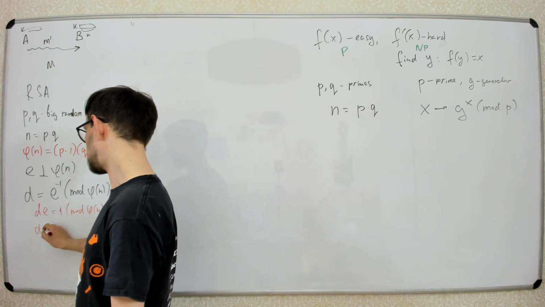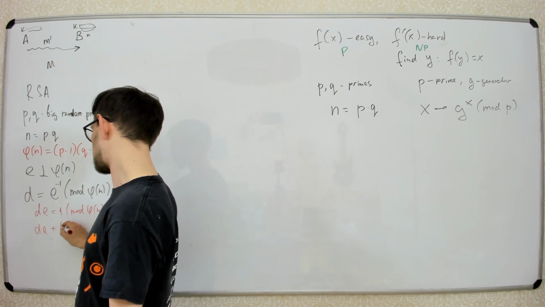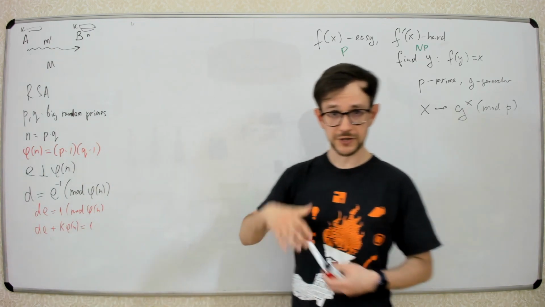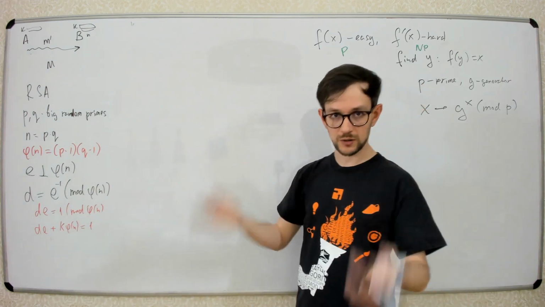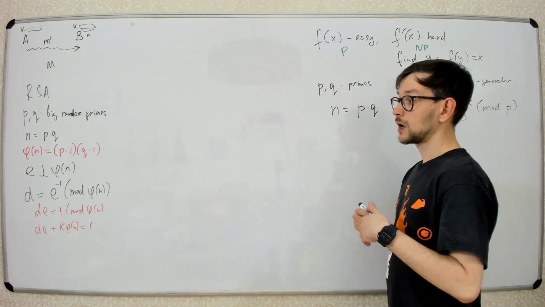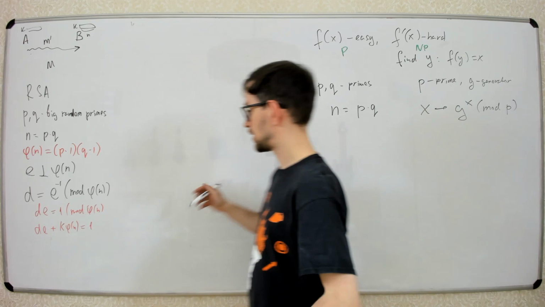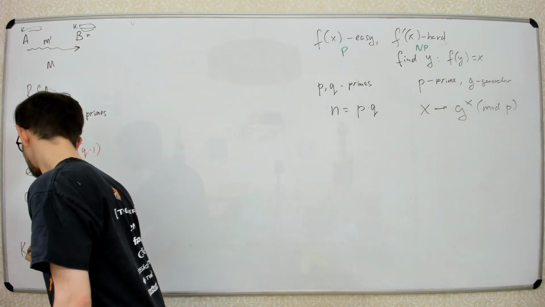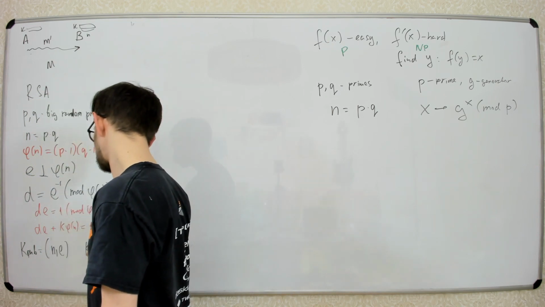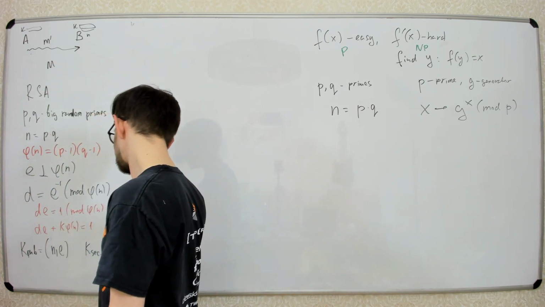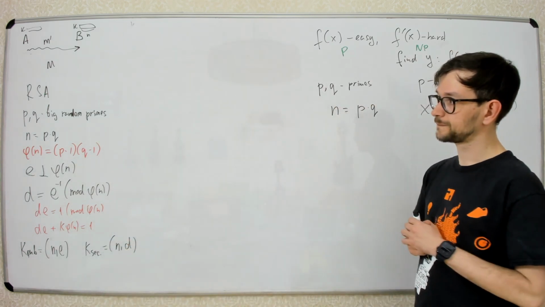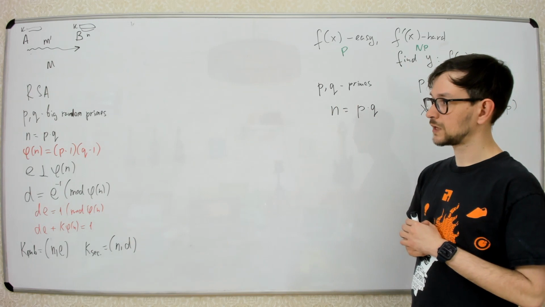It means d e plus something times phi of n equals 1. You solve this Diophantine equation using Euclid's algorithm, and you get the number d. That's all. And now you just say that the public key is n and e, and the secret key is n and d. That's the whole algorithm.